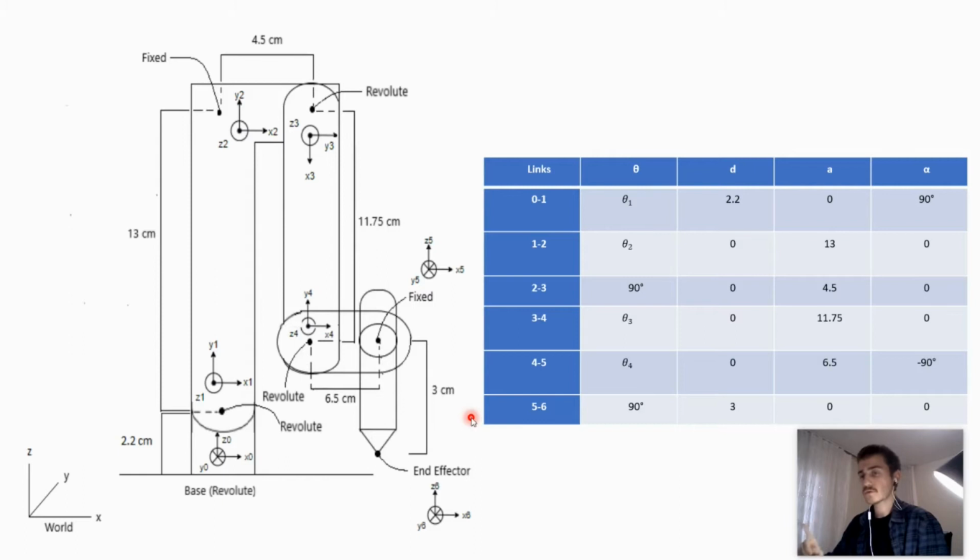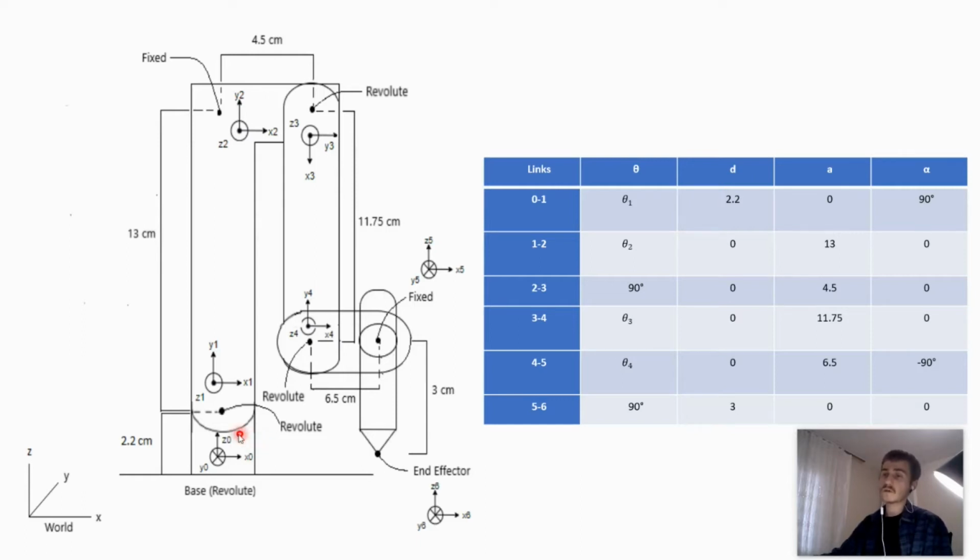It is important to note that each revolute joint has a motor to turn around its z-axis, and in reality these motors cannot turn 360 degrees.